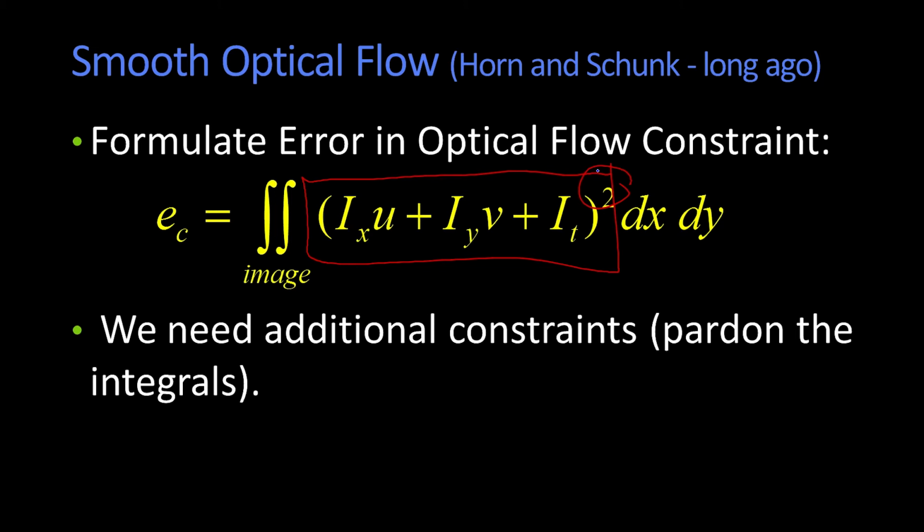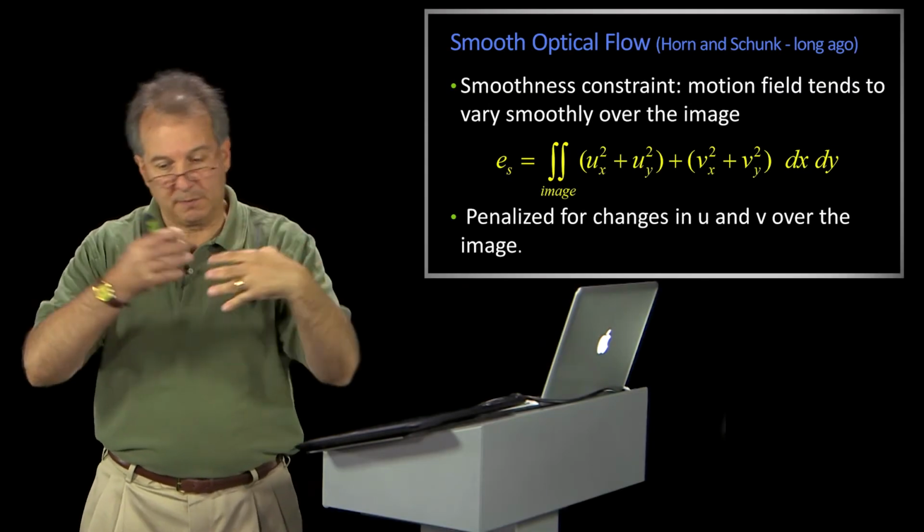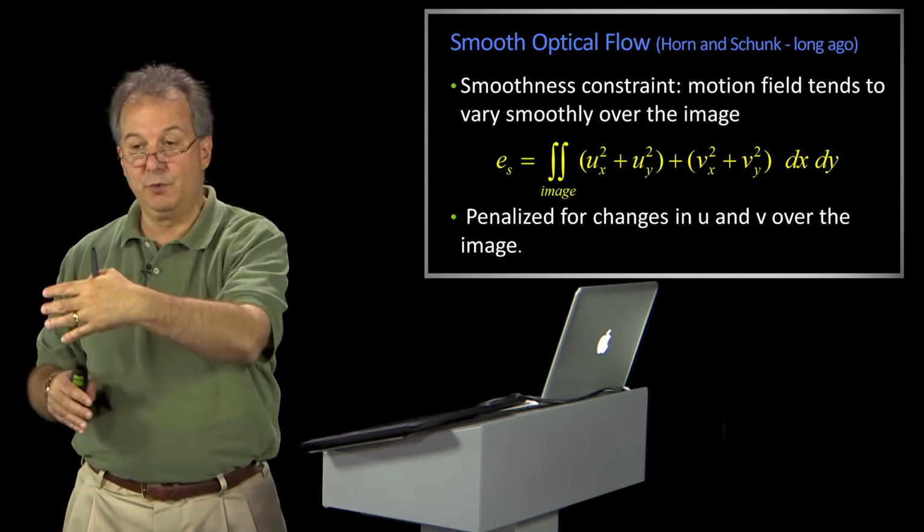So here we have our optic flow constraint term. Now we need another term. Well, it says smooth optical flow. Here's the idea. Remember when we did stereo, the state-of-the-art solution that I showed you that did that beautiful recovery used a bunch of terms, some that had to do with the data, but also the smoothness of the disparity field. That was the idea that surfaces don't change a lot all over the place, but tend to have a particular depth or vary smoothly.